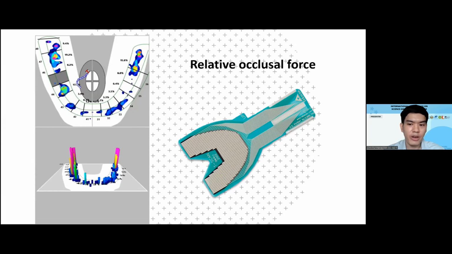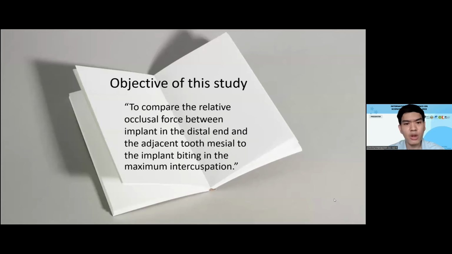So this method benefits the measurement of bite force during implant function and can be compared to the adjacent tooth. The objective of this study is to compare the relative occlusal force between implants in the distal end and the adjacent tooth mesial to the implant in maximum intercuspation.